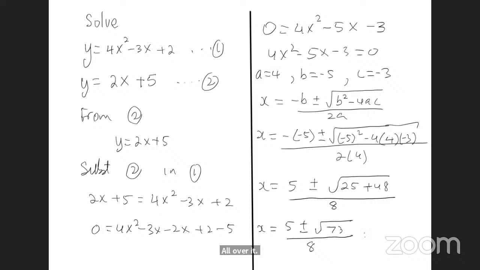Put it in the calculator and you should get two values, right? What were the two values? X is what? 1.7 and minus 0.4. Okay? Those are your two X values. And then find your two Y values.